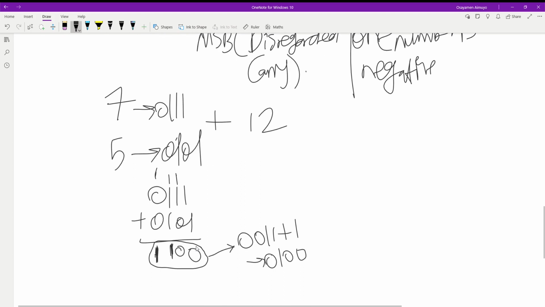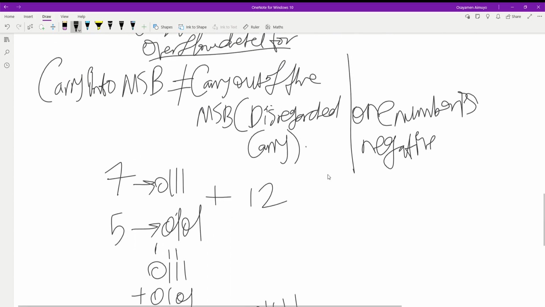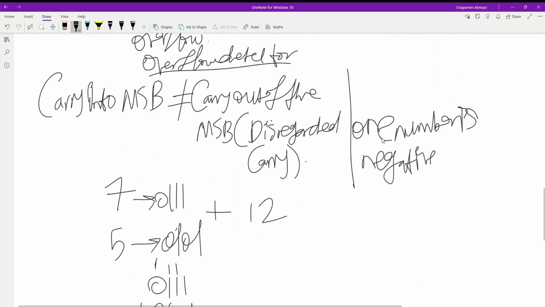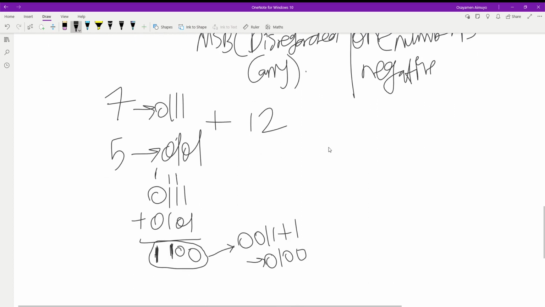Okay, hold on a second. Actually, it actually works for both. So remember it says the disregarded carry, right? So in this case, our disregarded carry is 0, right? And the carry into the most significant bit is 1. So 1 is most definitely not equal to 0. And yeah, we do have overflow.